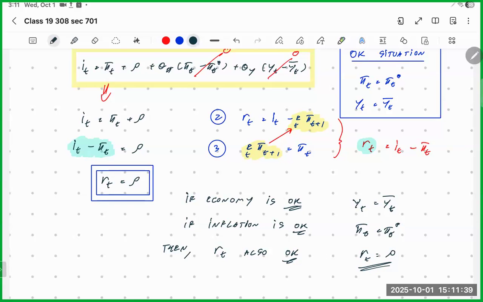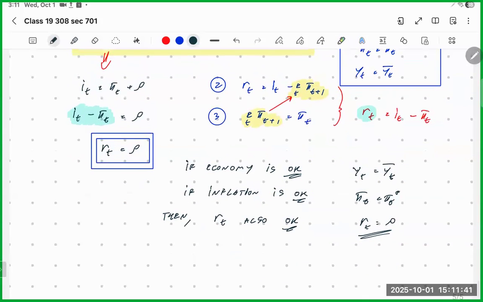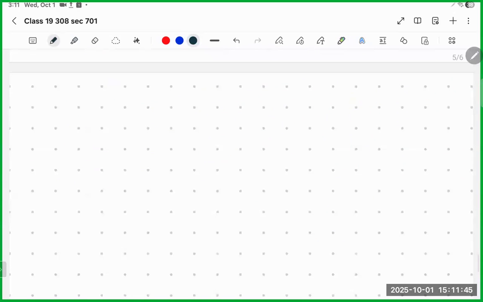Okay. Then we're done with 5 equations. So this is all for today. Today we learned about 5 main equations. Equation 1, we have yt equal to yt bar minus alpha rt minus rho plus epsilon t.